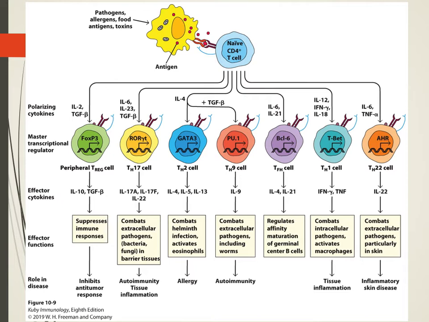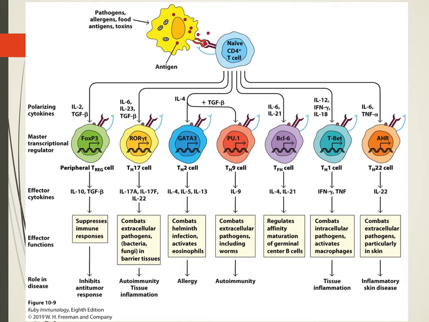So again, I would say with the Th1 and Th2, those are the ones that have been studied more. They existed back when I took immunology, more than 10 years ago, probably 20 plus years ago. But, you know, these other ones are just as important.